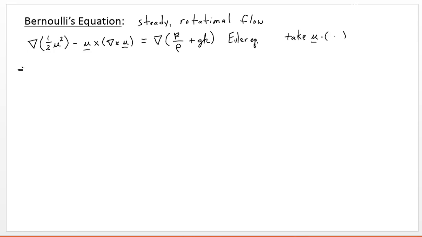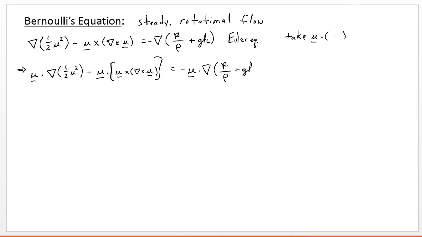So what we get is u dotted with the gradient of 1/2 u squared minus u dotted with this term here, the u cross del cross u, and that's equal to, this has a minus sign in front, of course, minus u dotted with the gradient of the pressure divided by the density plus g times h. Now what can we say about this term here?